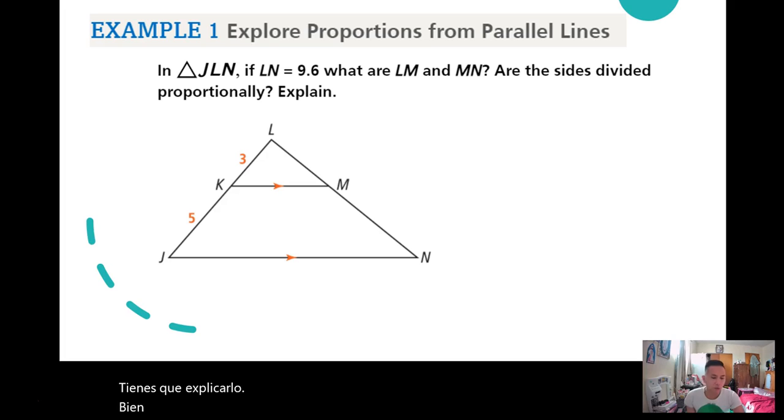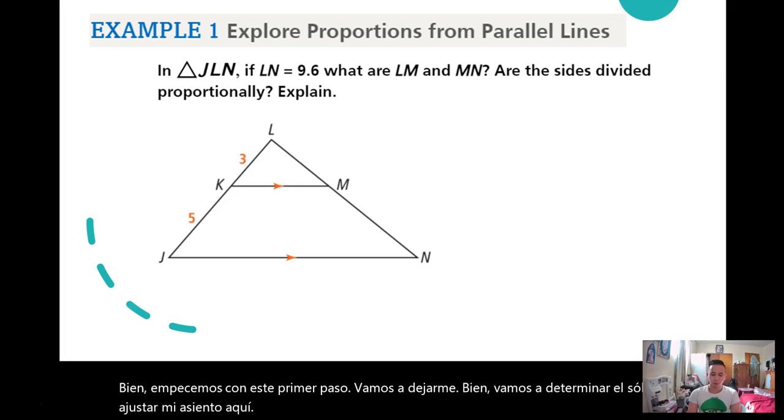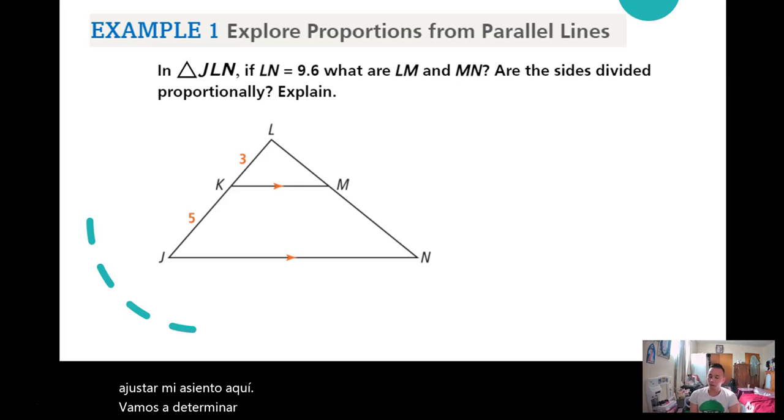Okay, let's start with this. Step 1, we are going to determine how triangle JLN and KLM are related. So JLN, it's this one, compared to triangle KLM.